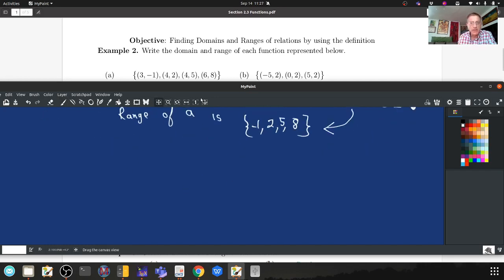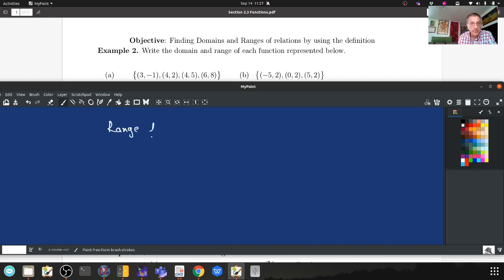So let's go ahead and do the same thing for B, although pause right now and do it yourself. So I'm doing the range first, 2, and that's it. So there's only one element in the range of B. What about the domain of B?